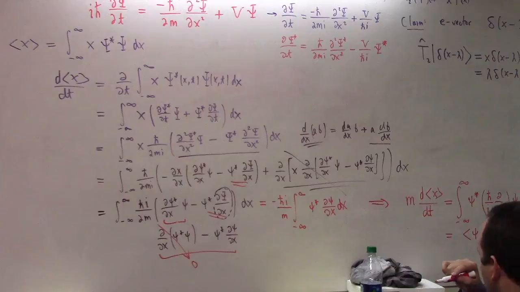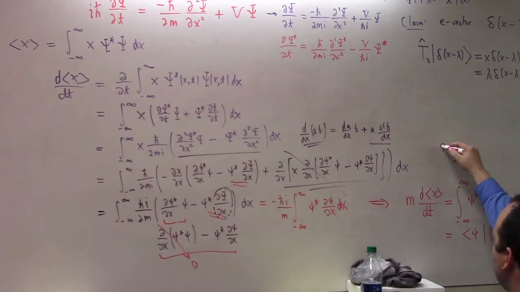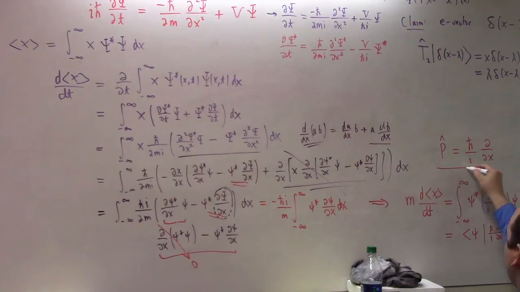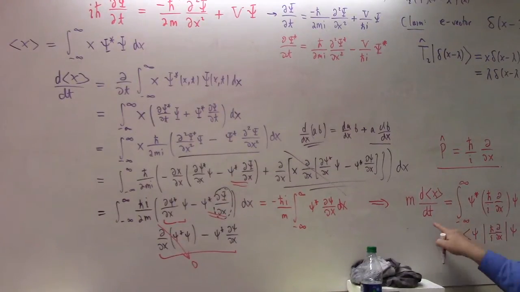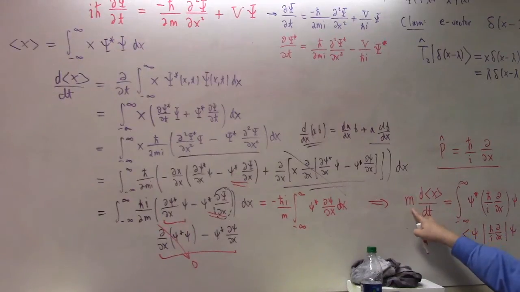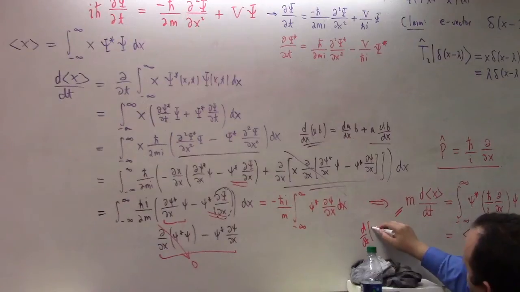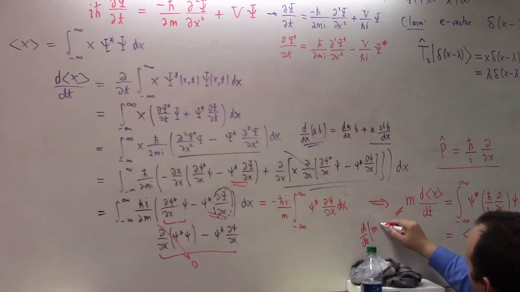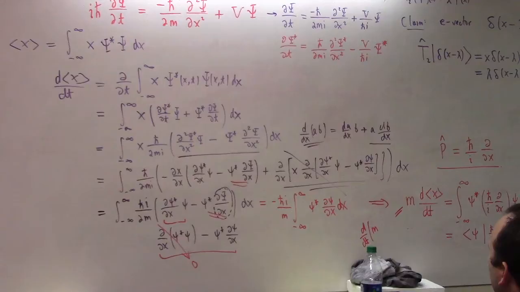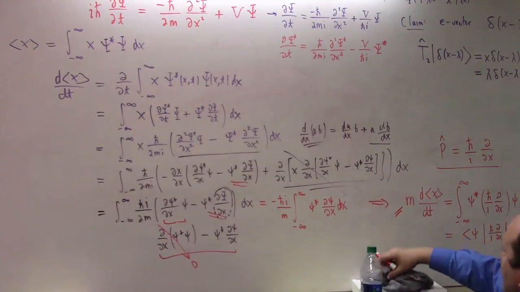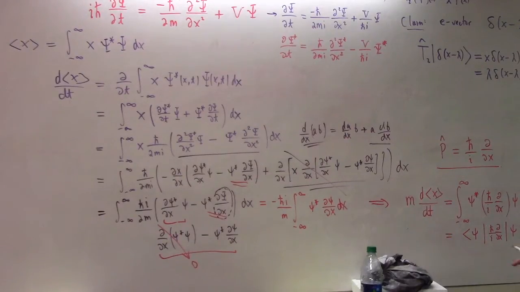Now that may not look significant to you, but to me it's really cool because the momentum operator is actually represented by h bar over i partial x. And if I look at this a different way, this to me looks like the expectation value of momentum.